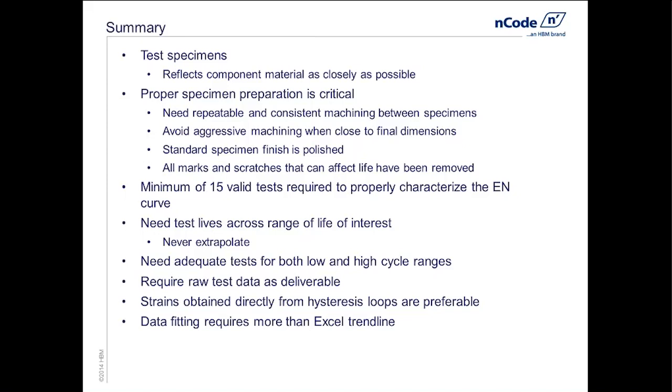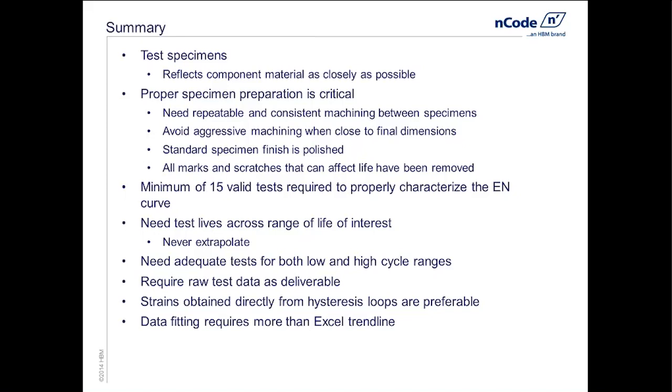In terms of number of tests, we want a minimum of 15 tests to do a baseline curve, and actually 20 to 25 would be better. Again, the more specimens, the higher the confidence level, the less conservative the design curve has to be.